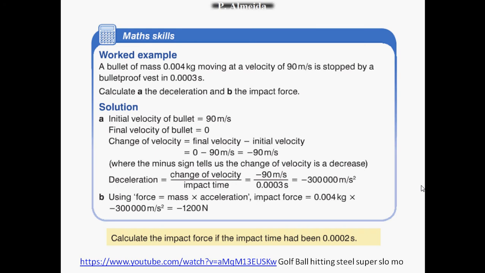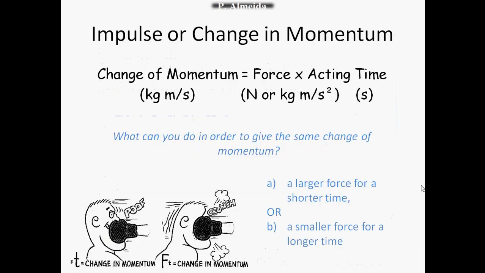You will see that objects decelerate very fast, but there is still an acting time. The bullet is not stopped instantaneously. The golf ball is not stopped instantaneously. So this is where you use the formula: impulse, or change of momentum, is equal to force times acting time.